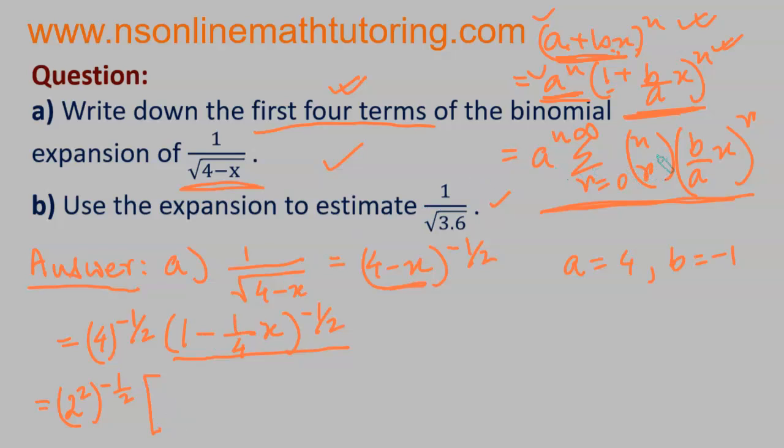The first term will be having r value as 0, and nC0 is always equal to 1, and b over a is -1 over 4 times x, whole raised to the power of 0, is also equal to 1. So 1 times 1 is 1, therefore the first term of the expansion is 1.